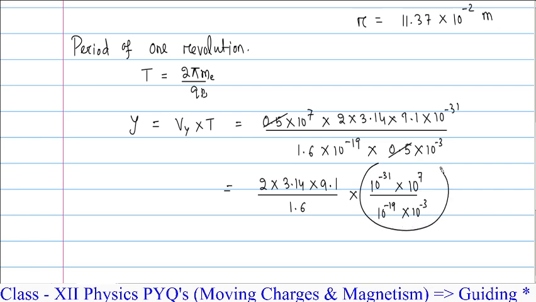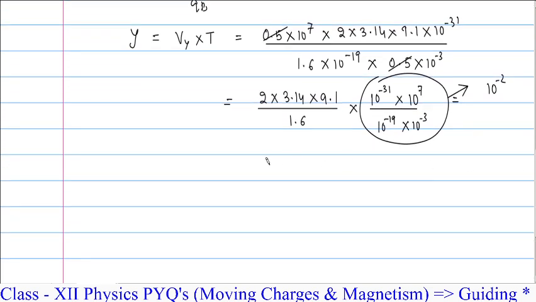We know that this particular value will come out to be 10 to the power minus 2. Already we have calculated. So finally we have to calculate this one only. Let me calculate.